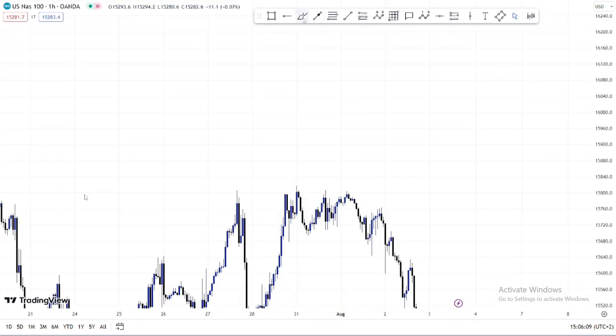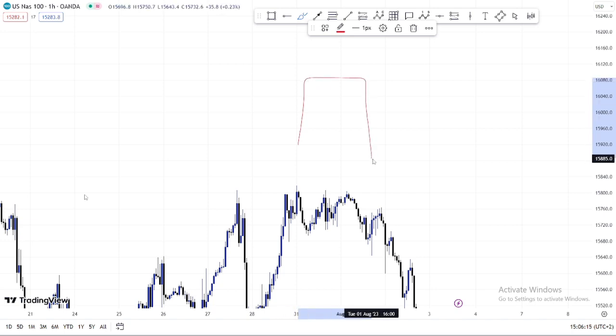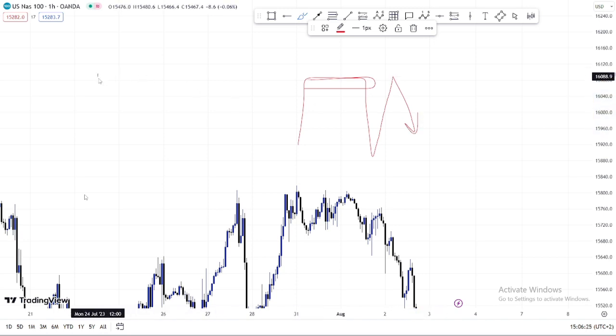This would be similar to this: a rally, a base, and a drop. Then you expect the market to come back to test this base and drop. For the bearish version, we have a drop, a base, a rally. Then the market will come back to the base and rise.